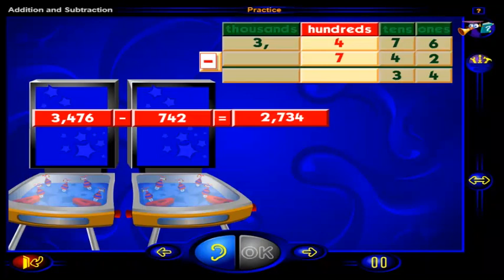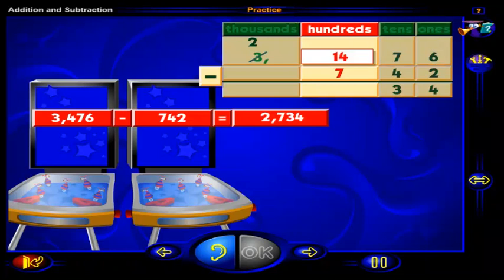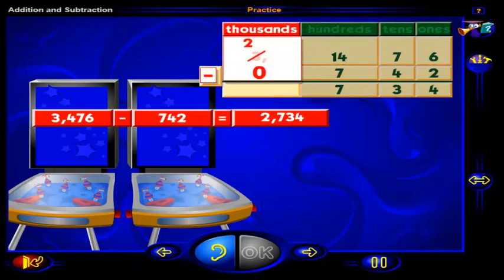So, to subtract, we have to regroup from the thousands place. 3 thousands can be rewritten as 2 thousands plus 1,000. And 1,000 can be regrouped as 10 hundreds. 10 plus 4 is 14. And 14 hundreds minus 7 hundreds is 7 hundreds. In the thousands place, 2 minus 0 is 2.